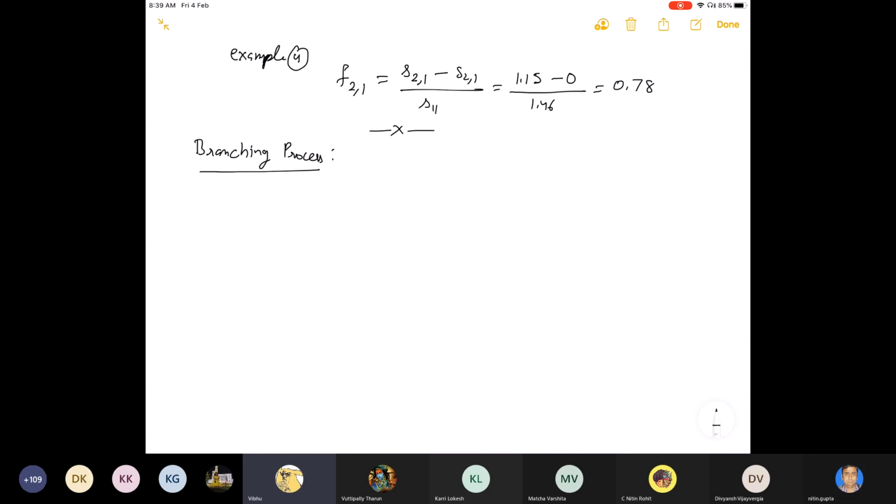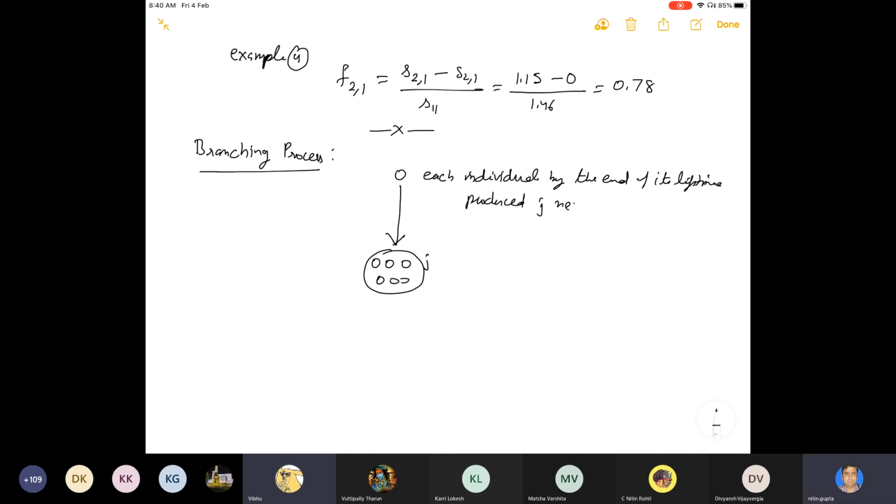Let each individual, by the end of its lifetime, produce j new offspring with probability pj, which is less than 1 for all j greater than 0.